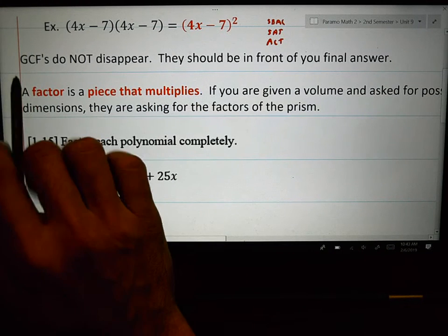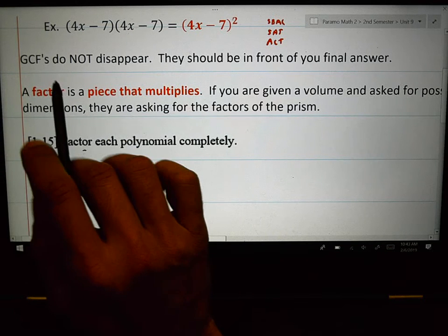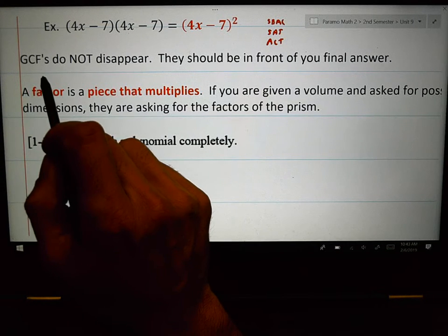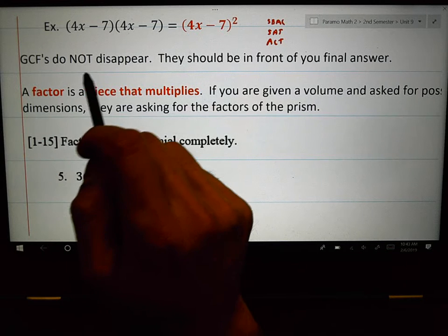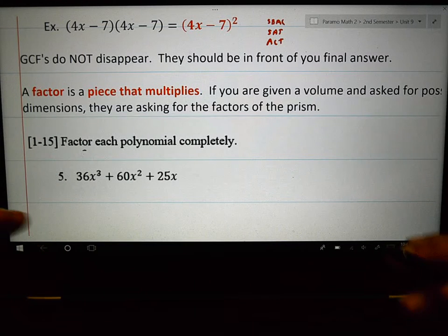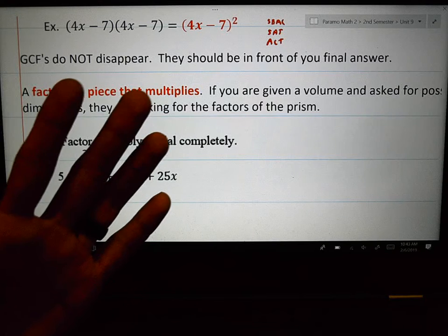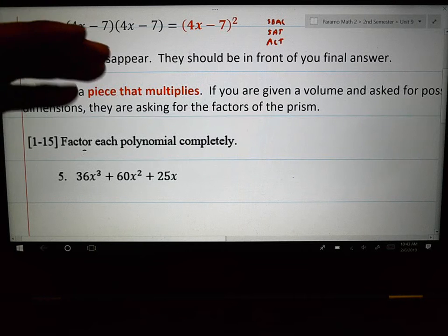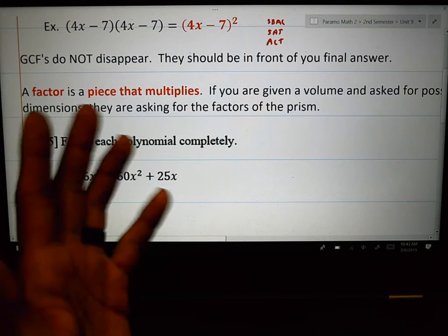Lastly, our third to last is this, GCFs. I wrote this down because in some of your problems, you're going to factor out a GCF. They do not just disappear. Why do I say that? Because year after year after year, I will grade tests and people will factor out the GCF and then they just make it go away. Or they forget about it.